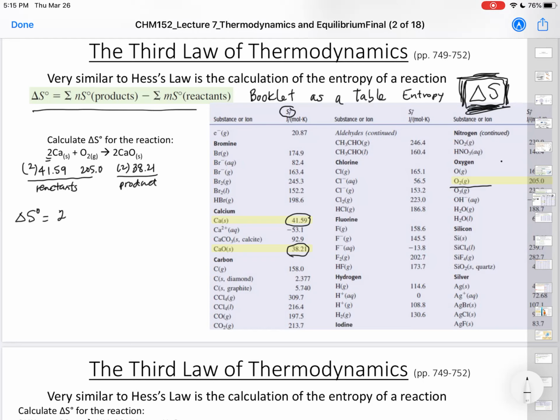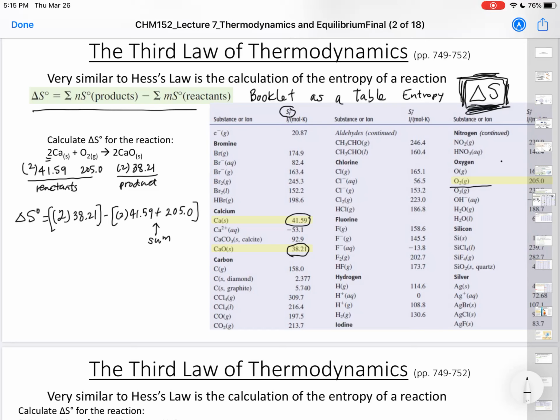Now if you're looking at this formula, it is the products subtract the reactants, and it's the sum of the reactants, so you need to add your calcium values and your oxygen values.